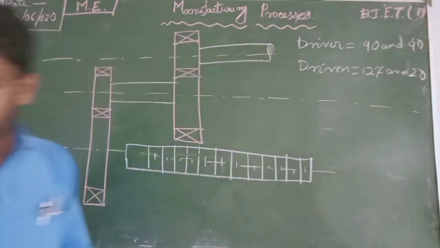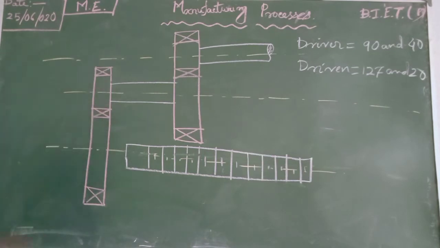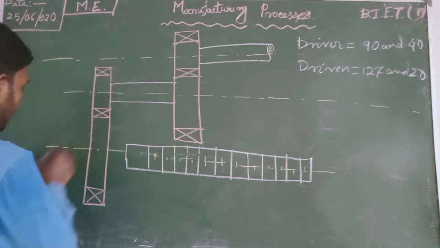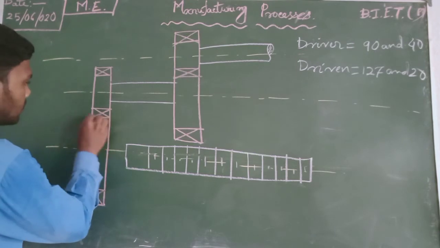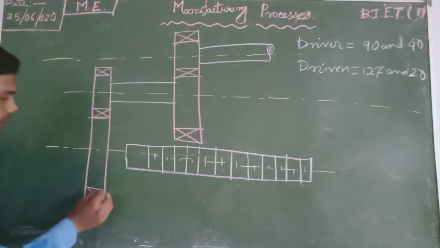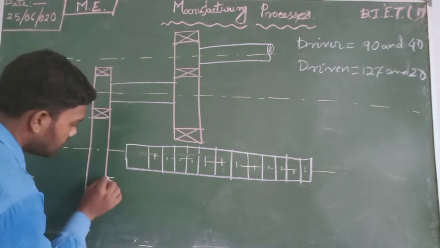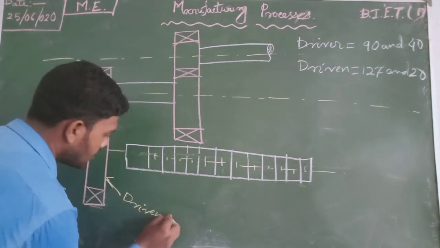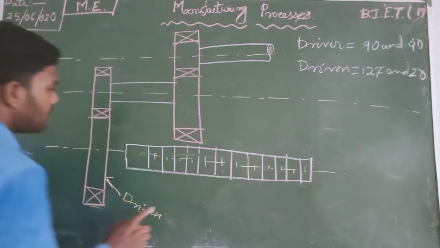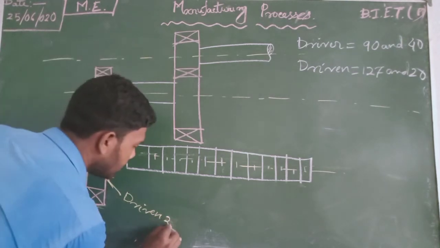This is our driven gear, from this portion to this portion, and the number is 20.